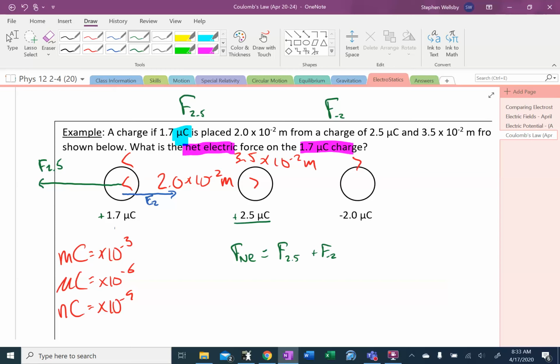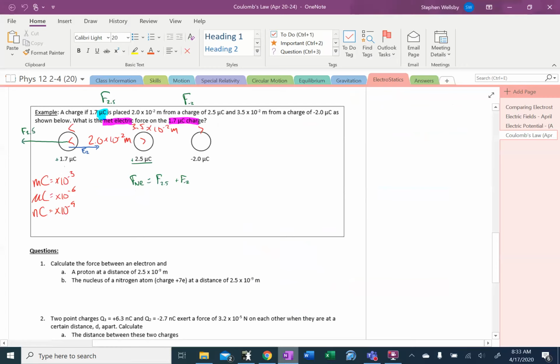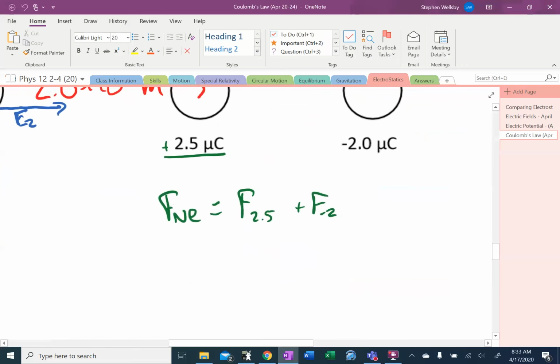I would say that is probably the best way to answer that. So in this case, for F2.5, I wouldn't necessarily plug in the positive and negative charges. I would just plug in the fact that this is going to be a negative value, because it's moving to the left, of whatever this force is. So negative K Q1 Q2.5 divided by R squared, plus F negative 2.